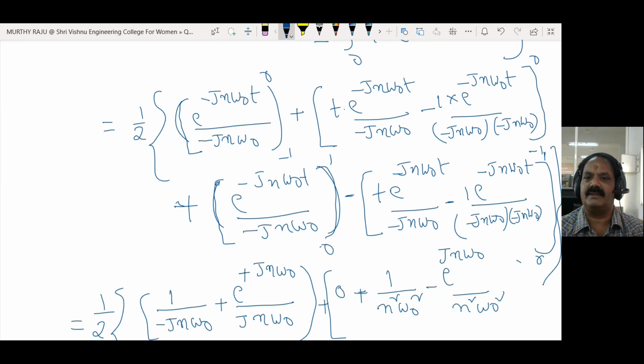This one is plus. These two limits are substituted.